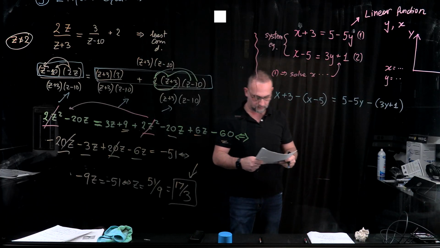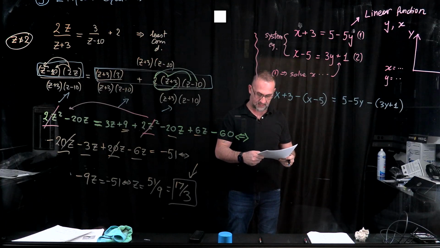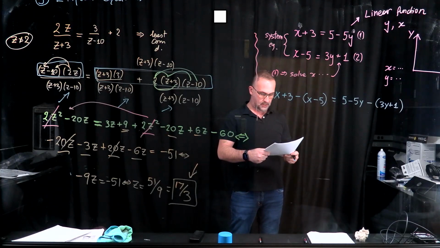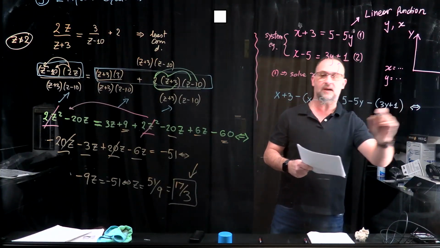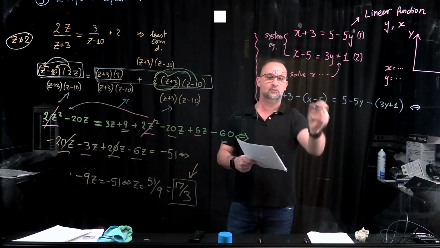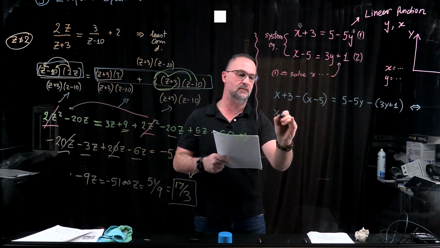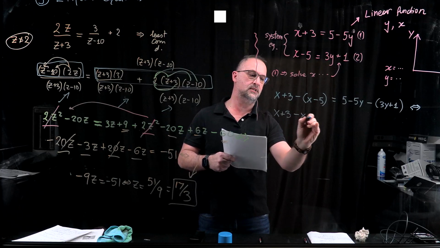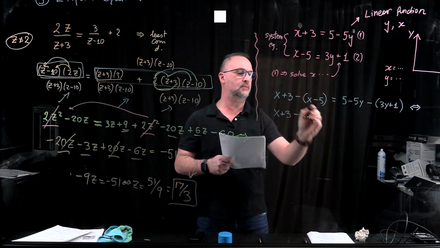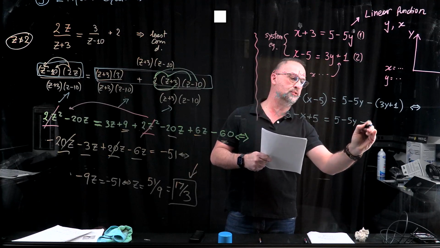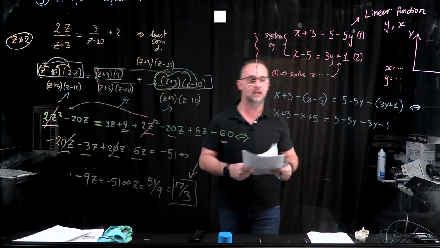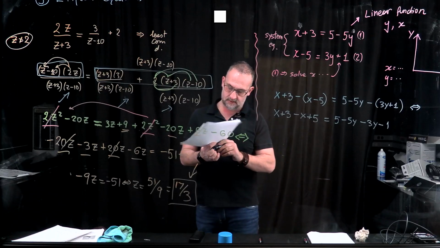So in essentially one step, we can solve for y, because look, the x's will cancel out. Let's take them outside of the parentheses. Minus x, careful, plus 5 here, minus and minus, equals 5 minus 5y minus 3y minus 1. So yes, that was it.